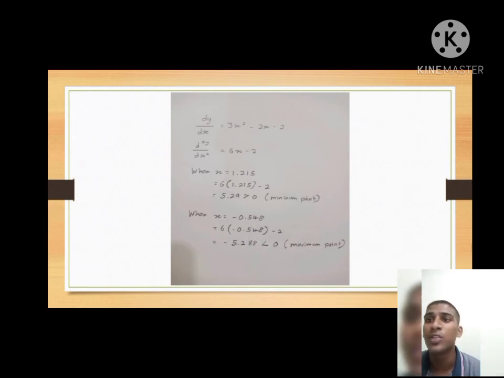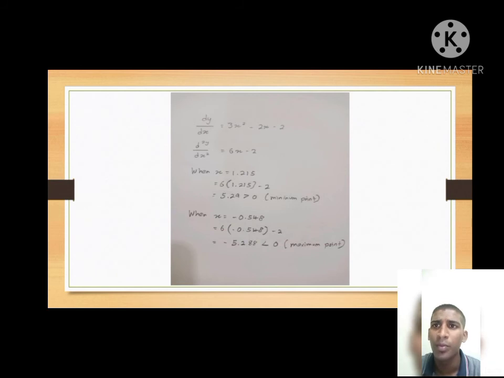Then we move to the second x, negative 0.548. I put negative 0.548 into the second derivative equation: 6 times negative 0.548 minus 2, and I get negative 5.288.